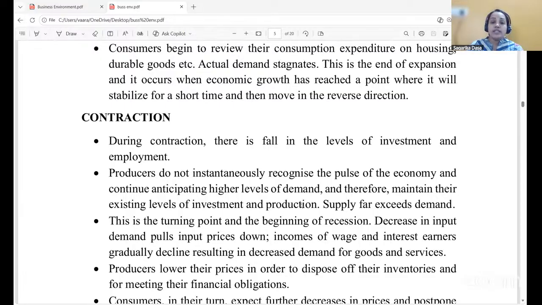As the demand increases, supply far exceeds the demand. This is the turning point and beginning of recession. It is something which leads to the declining level, that is the recession.